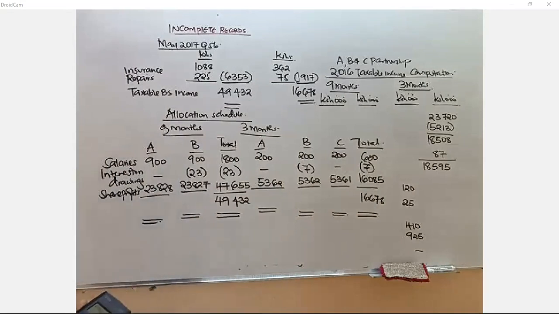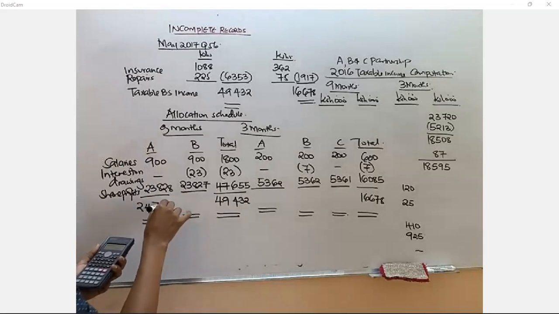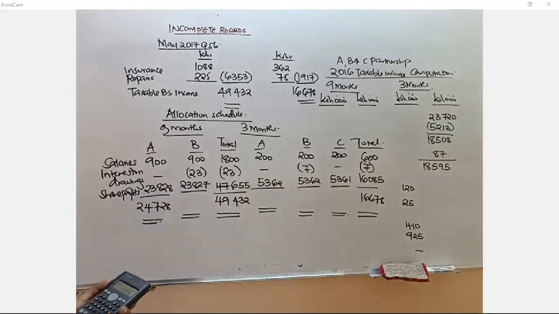Let me start with the 9 months plus 900. I'm getting 24,728. Then the other one would be 23,827 plus 900 minus 23.